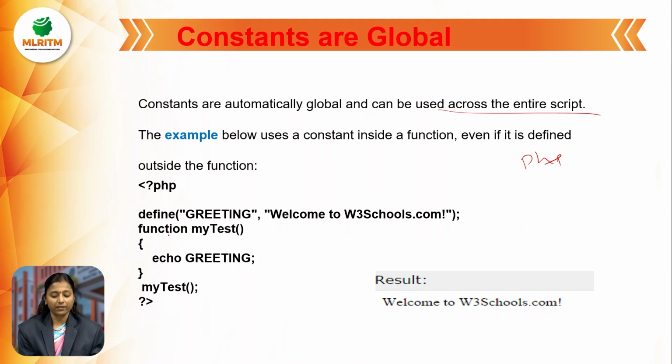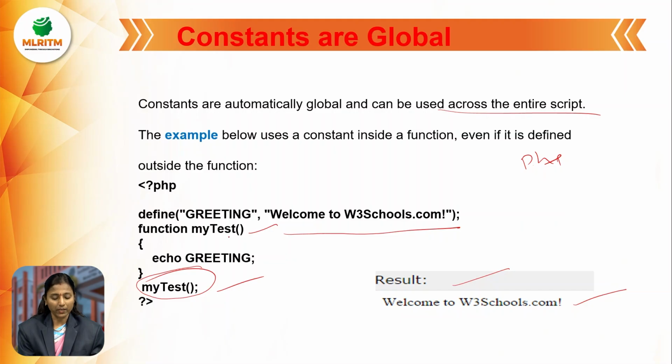PHP define greeting and the value we have taken. Function myTest, echo greeting. What is the function name, and what is being defined? The constant is global, so the welcome to w3schools statement will be printed.